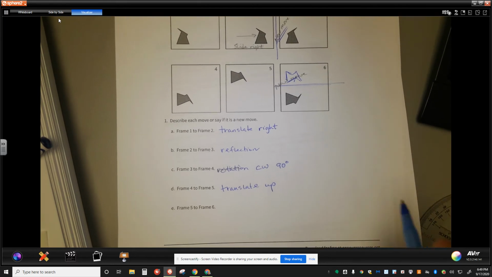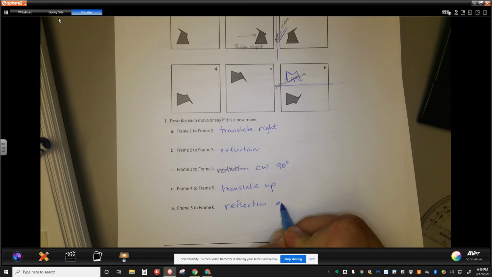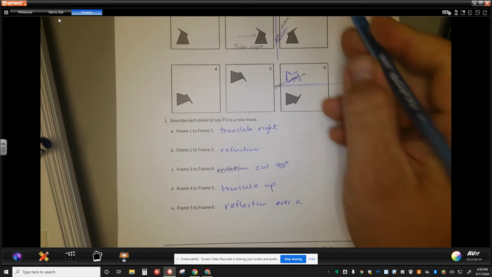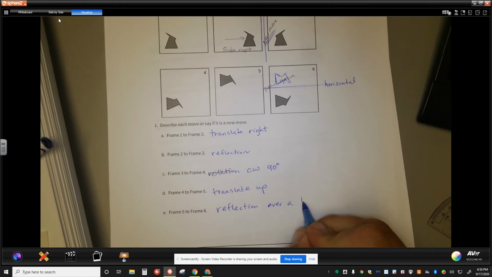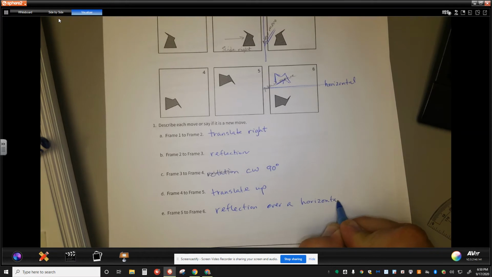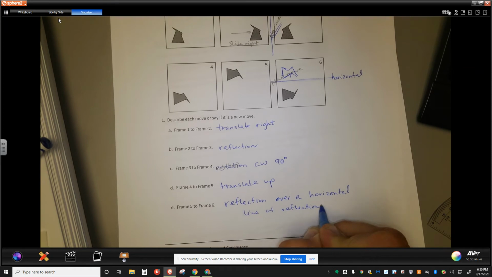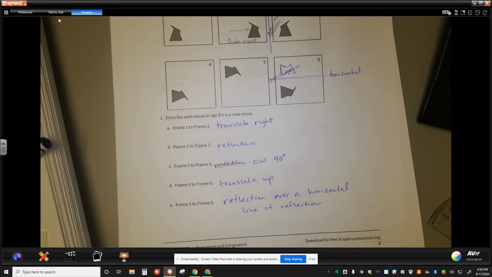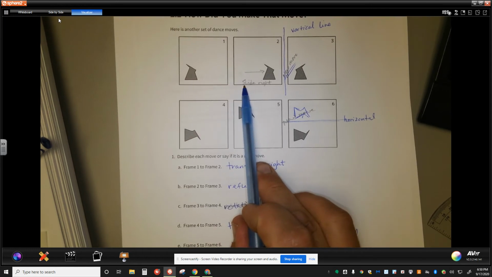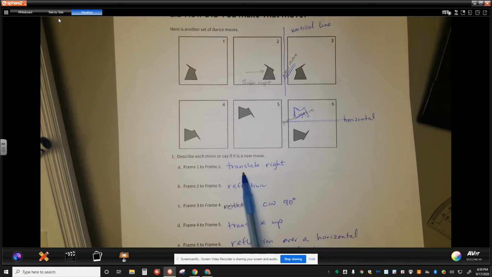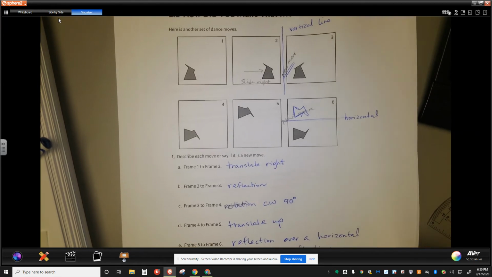And so we would see that reflection over, instead of a vertical line, this is what we call a horizontal line, over a horizontal line. You'll notice that the difference between the two is this is not the same word. They do mean the same thing, but this is getting more precise in our language to describe the moves on the plane.